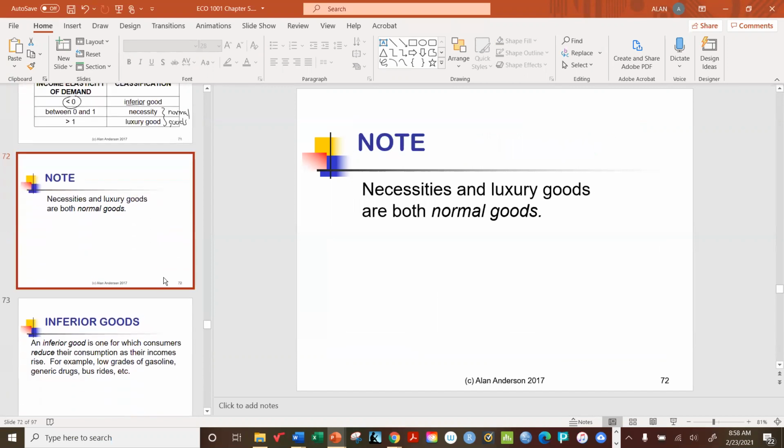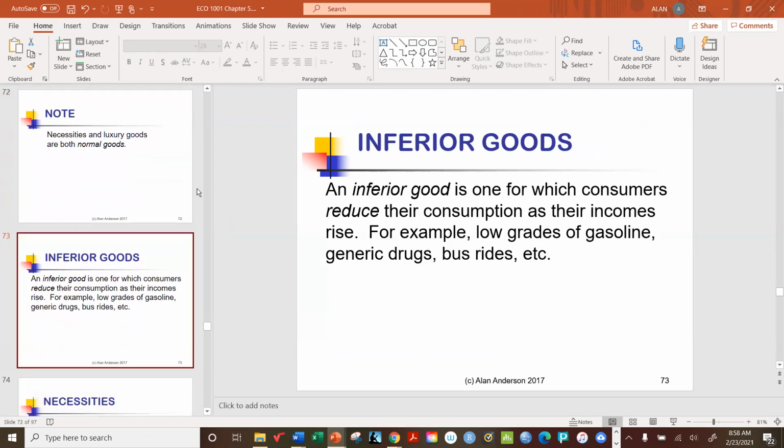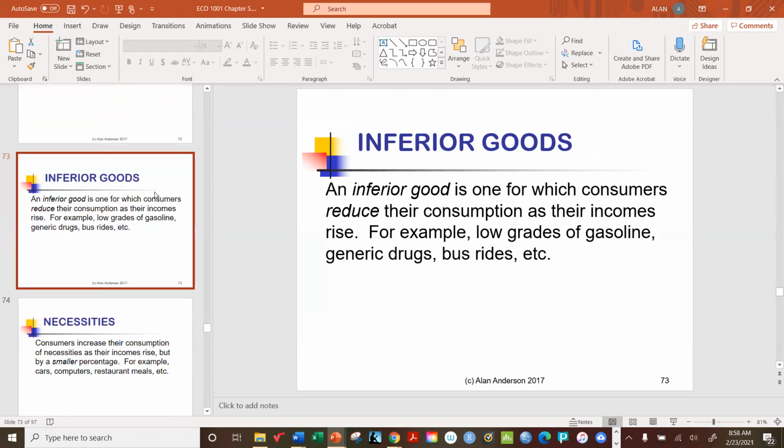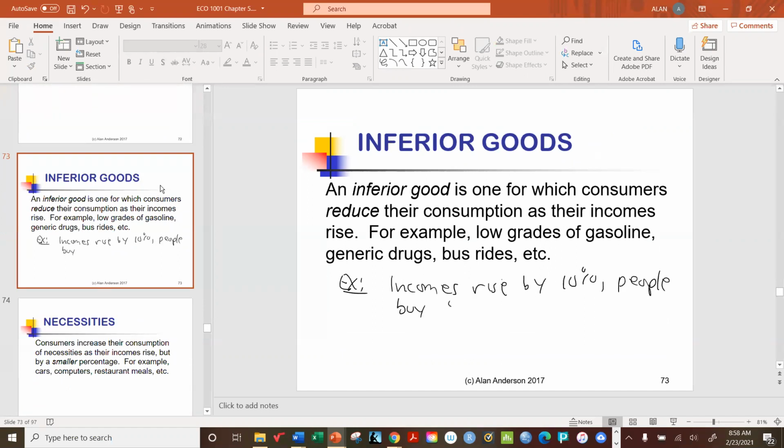Okay, so now here's an example of the inferior good. Let's say, for example, incomes rise by 10%, and people buy 5% less grade 87 gas.